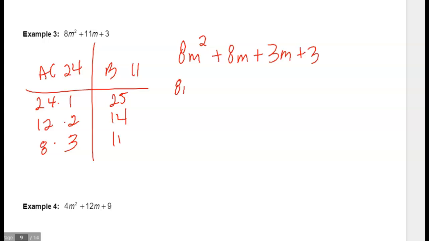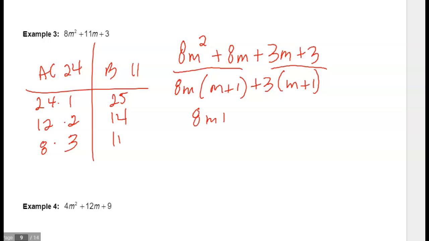So then I could factor out 8m, and then that just leaves me with m plus 1, and then I can factor out a 3 over here, and that's going to leave me with m plus 1 again, because I'm dividing by 8m over here, dividing by 3 over here. So 8m plus 3 and m plus 1.